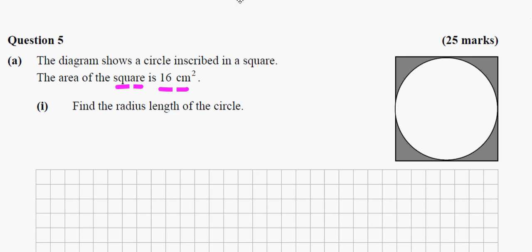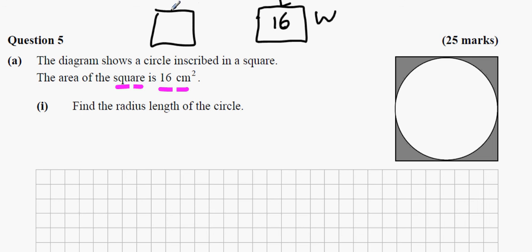So what you have to remember about squares is that the area of a square is length by width, and in a square the length and width are the same. So what we're going to get is x by x equals 16. So x multiplied by x is x squared. x squared equals 16. x equals 4. So this means the length of the square is 4.